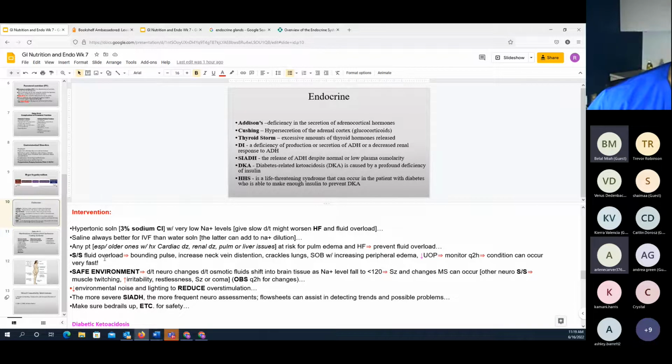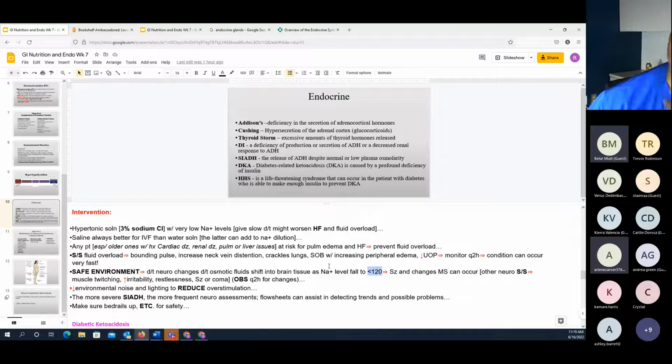And again, as far as the nurse's responsibility, fluid overload would be something that you need to watch for. Hypernatremia is another thing you need to watch for. And you're also watching those sodium levels, because the sodium level may not be at 120, let's say it's 130, but as the patient's condition worsens, this can drop even more.